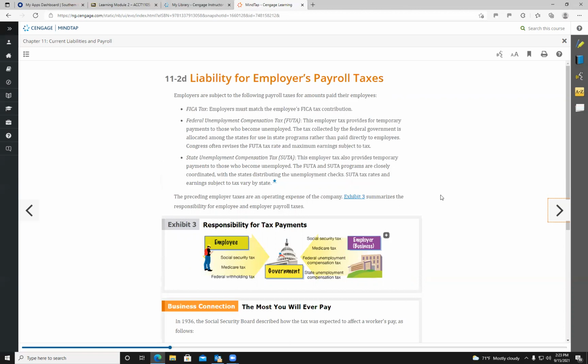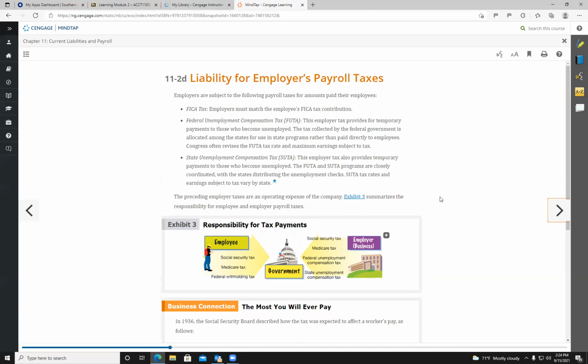So whatever FICA they withhold from their employees, they also have to pay as part of their payroll taxes. They have to match it. They also have to pay the federal unemployment compensation tax. This is an employer tax provided for temporary payments to those who become unemployed. The tax collected by the federal government is allocated among the states for use in state programs rather than paid directly to employees.